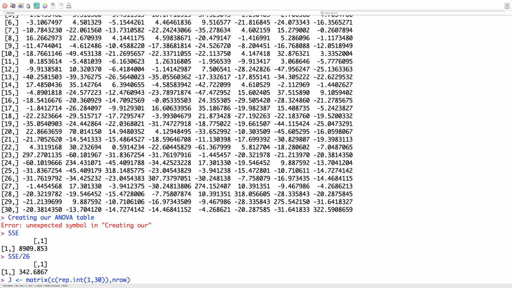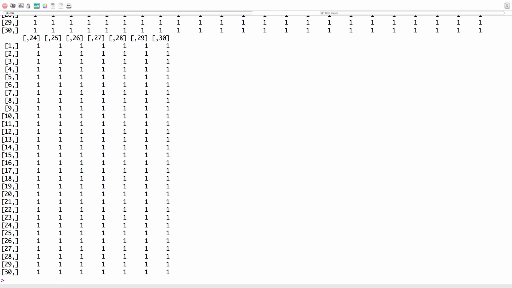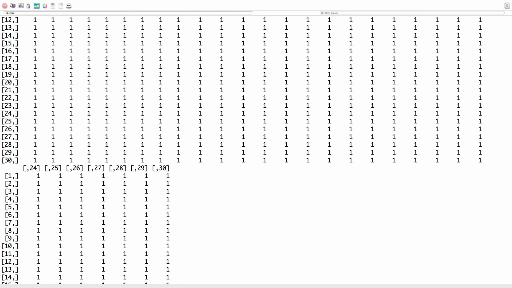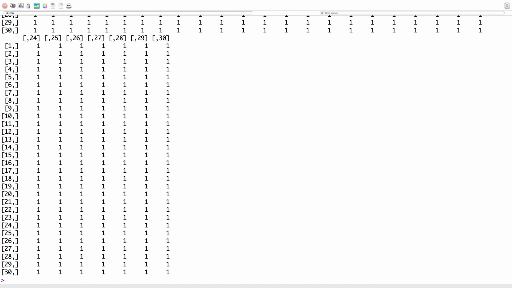In row would be equal to 30. In column would be equal to 30 by row equal false. So my J matrix is just this enormous n by n matrix of all ones.